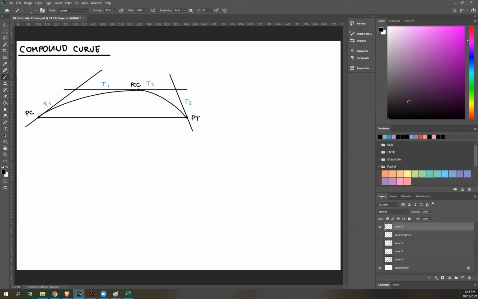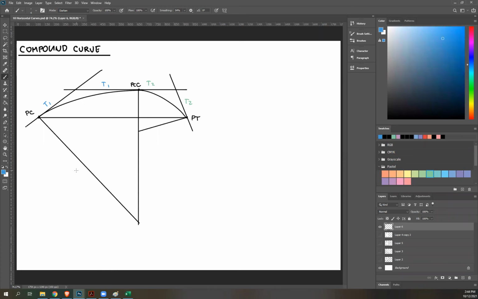And then let's draw our radius. Okay, so remember radius perpendicular to your tangent. So this is a horizontal line, perpendicular to that is a vertical line. And then draw other vertical lines to that radius. Okay, so that's your two curves.